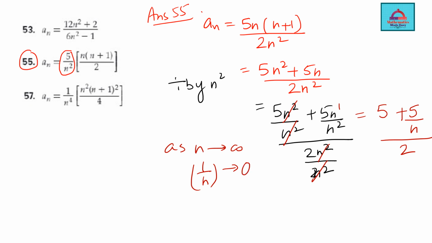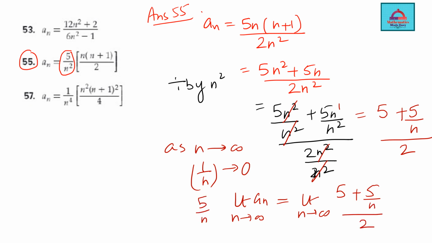So the limit as n goes to infinity of a_n equals the limit of (5 plus 5 by n) by 2, and 5 by n also goes to 0. So this goes to 5 divided by 2, equal to 2.5. So that's the limit of this sequence.